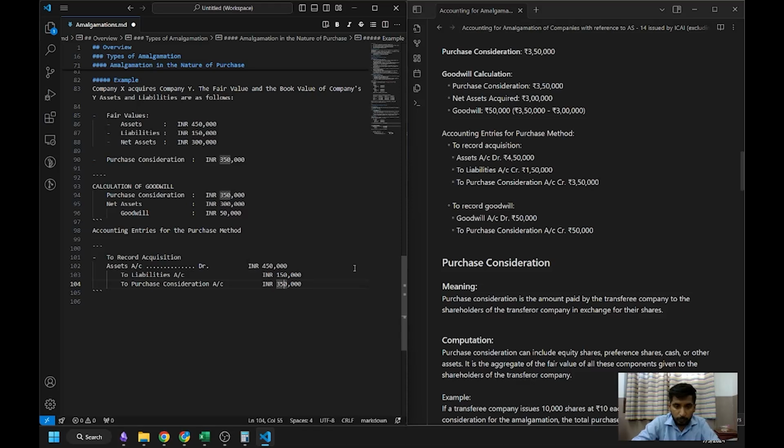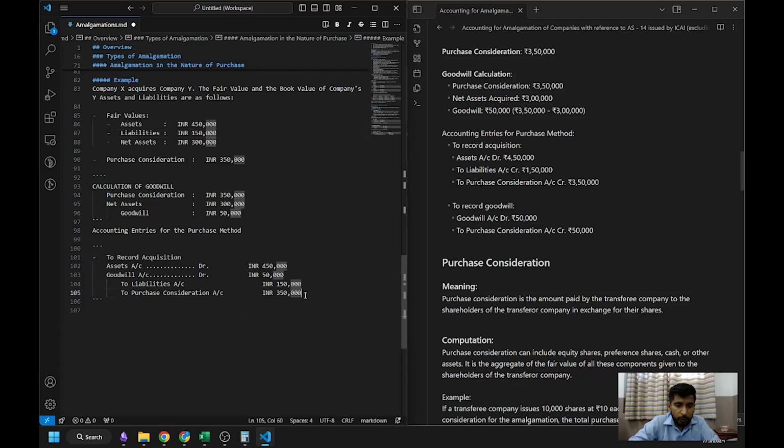Sorry, 50,000 we just make a contra entry here only. Goodwill account debit. Now, why we have done this entry here, I'll tell you. The assets were 4,50,000. Liabilities were 1,50,000.